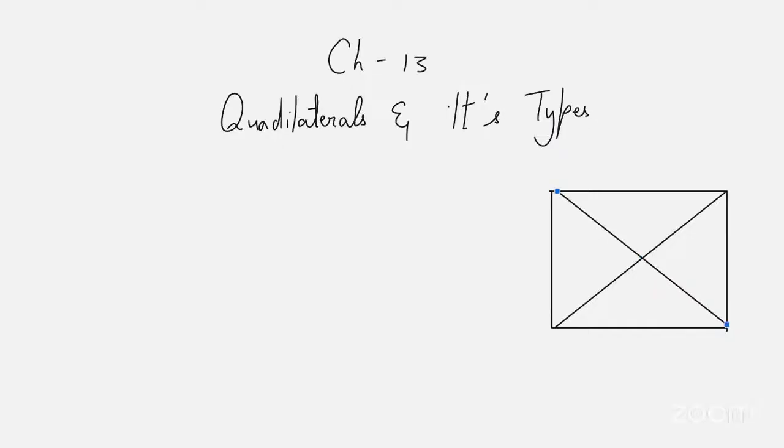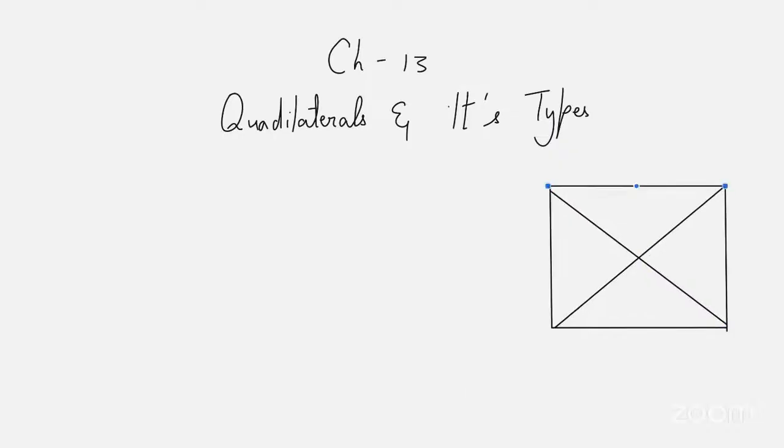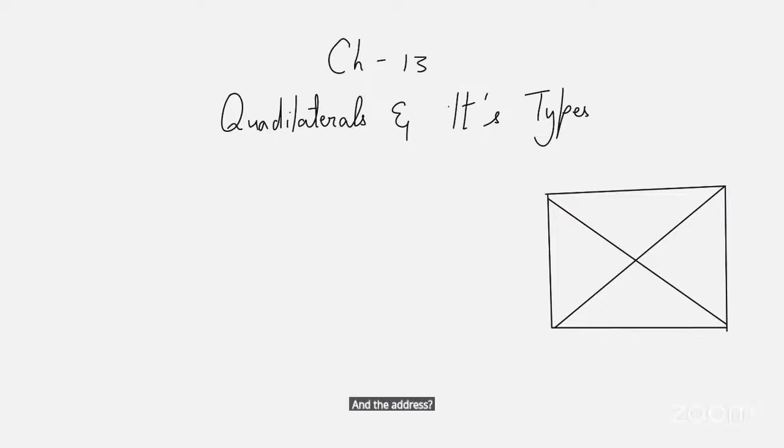Make sure you join it to the corner. We will name them. Name the edges A, B, C, D. Okay. You can make it like that. Okay, I'm writing the definition.